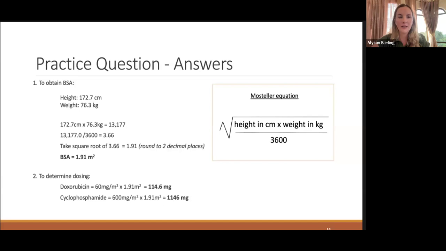If you are interested, maybe just type your email in the chat. Erin, if you could record those emails, then I can send more dose calculation practice scenarios to you.